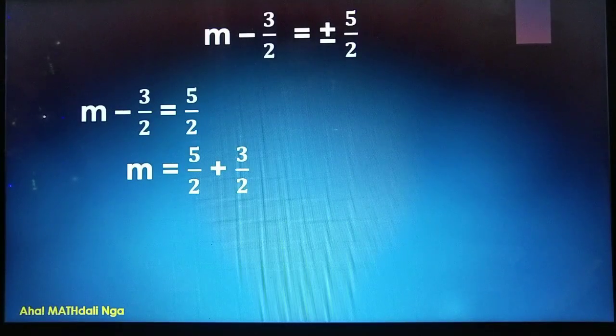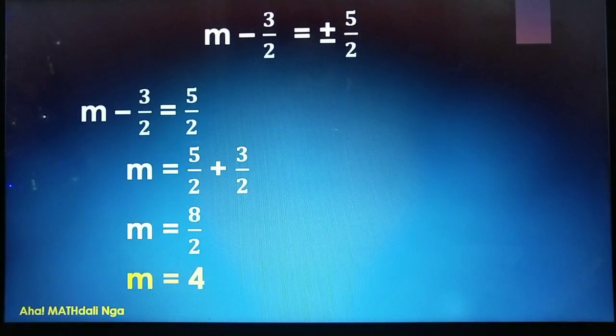As you can see, negative 3 over 2 becomes positive when you transfer it to the other side of the equation. So let's add. We have m is equal to 8 over 2, which is equal to positive 4. So the first value of our variable m is equal to positive 4.